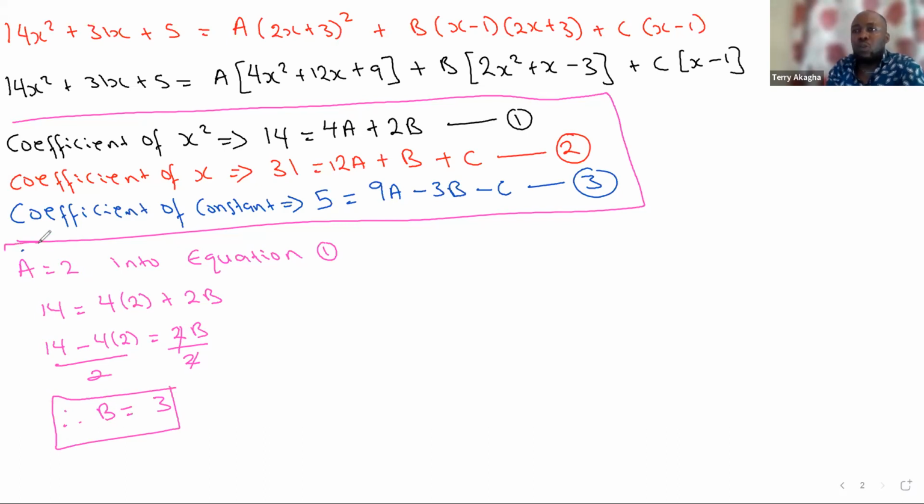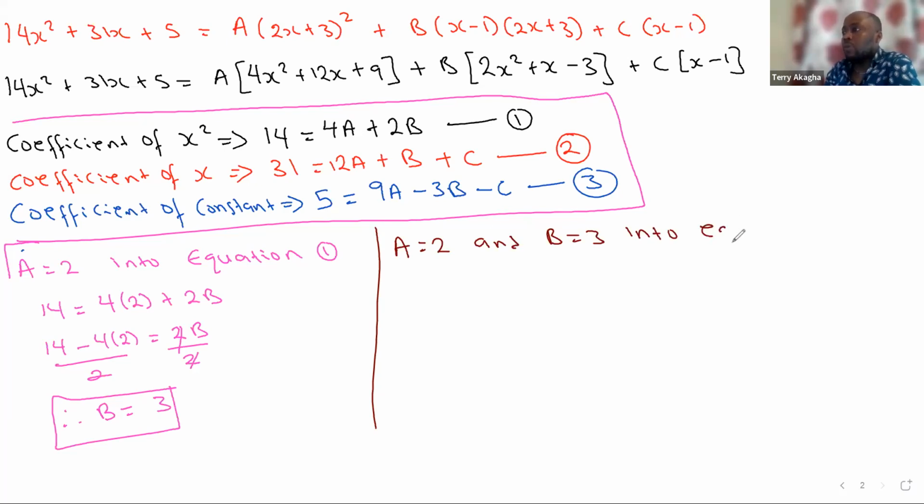So now I know what my a is. I know my a is 2. Okay. I know my b now is 3. Then to look for c, I can choose any of the equations, either using equation 2 or equation 3. And what I'm going to do to make it easy, I'm going to use equation 2 then. So I'm going to put a to be equal to 2 and b to be equal to 3 in equation 2.